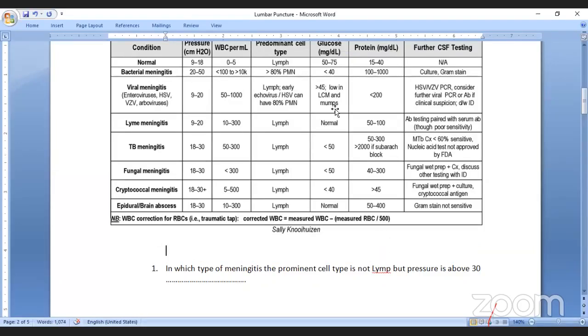Please write in the chat. Don't write directly here, write in the chat. We have a new question here. What is your answer?